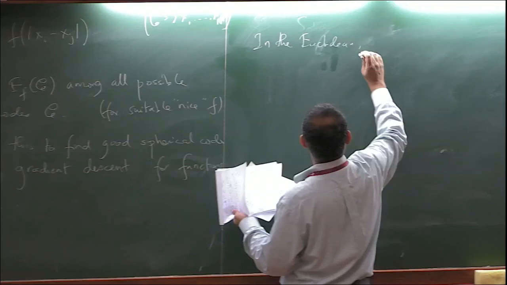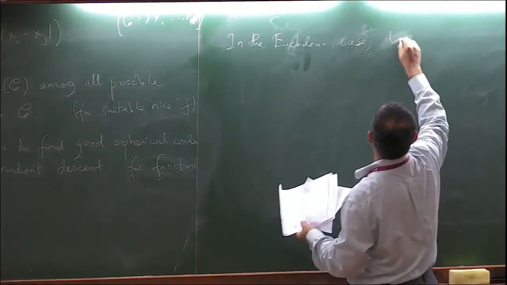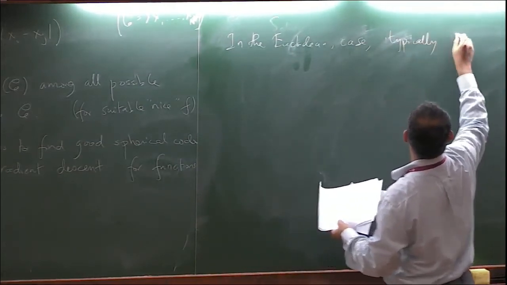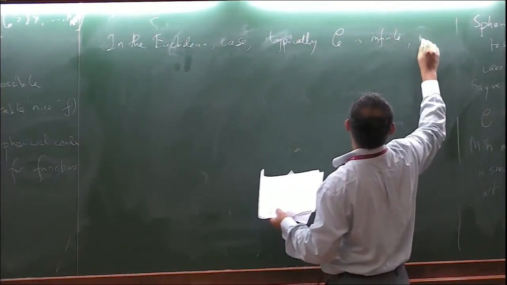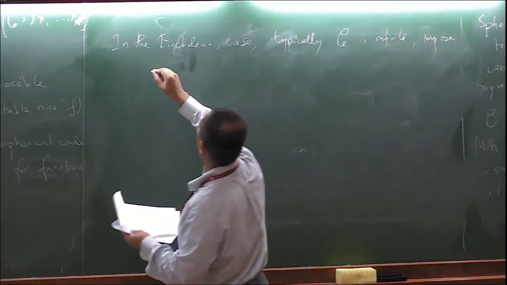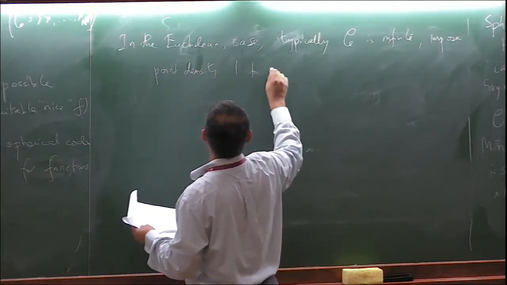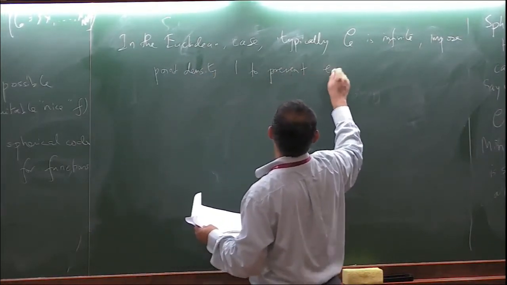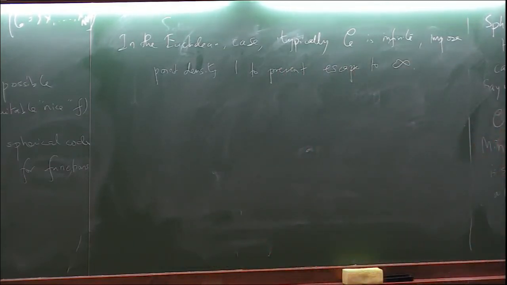So in the Euclidean case, typically C is infinite and we impose point density 1 to prevent escape to infinity.